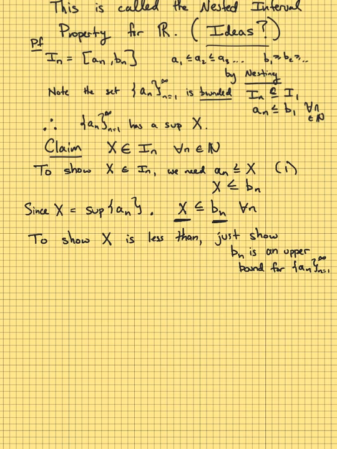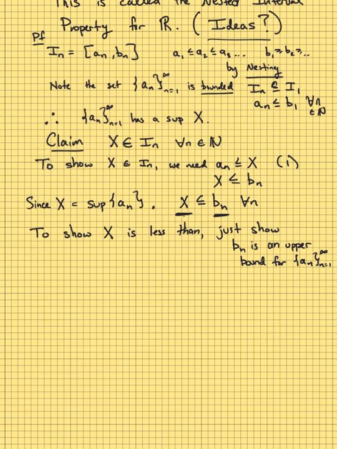Okay? So that's just, if you want to show a supremum is less than something, well, you should show that that something is an upper bound for the set that you're interested in. Okay? So how do we do this?